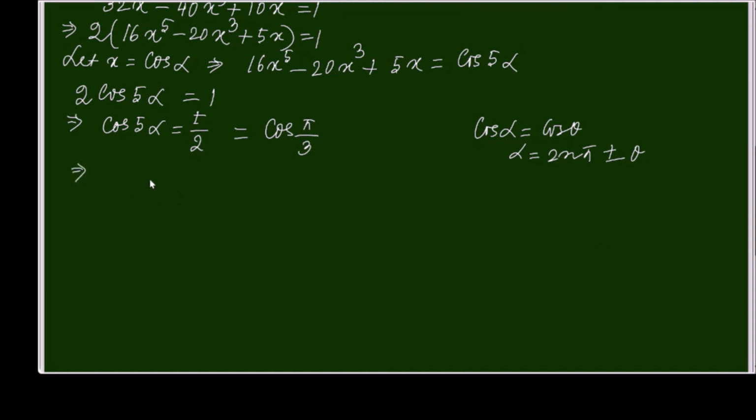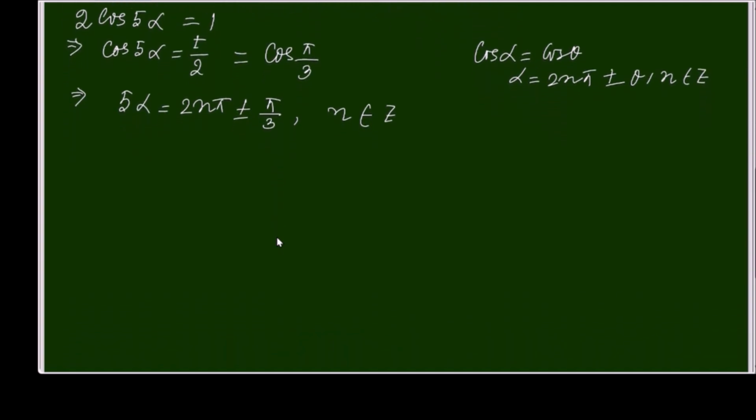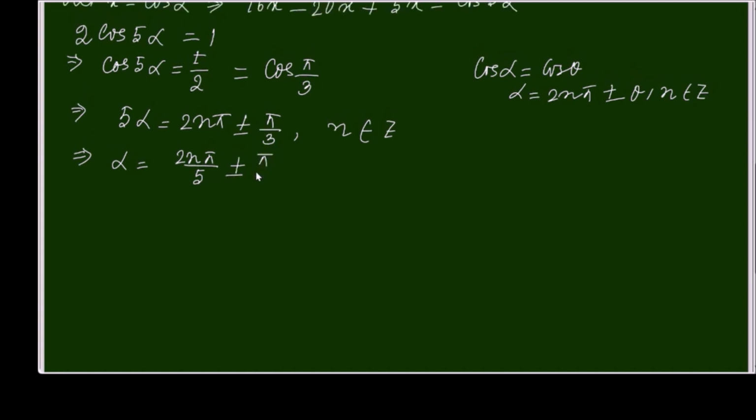So 5 alpha equals 2n pi plus or minus pi by 3, where n is an integer. Then alpha equals 2n pi by 5 plus or minus pi by 15.